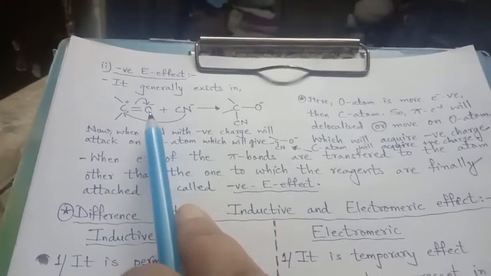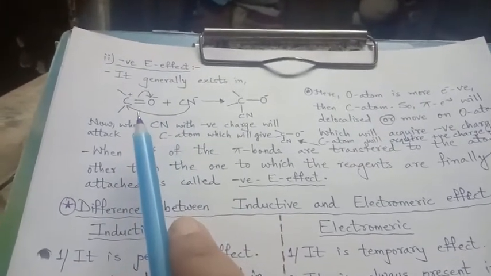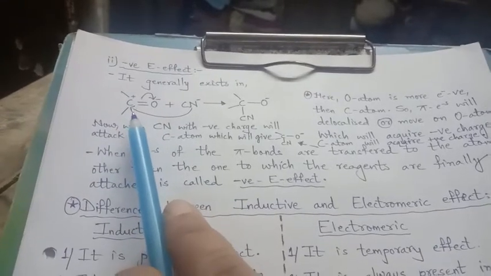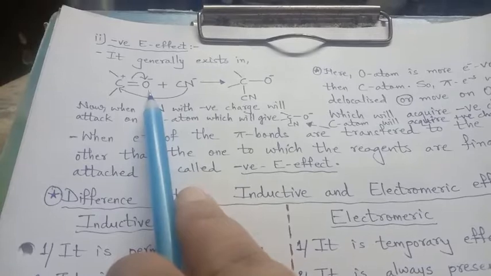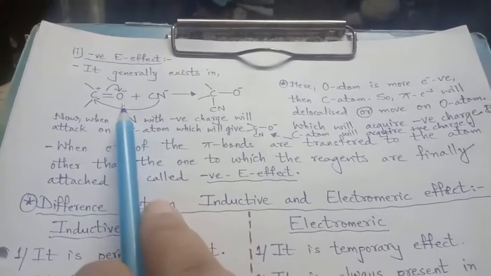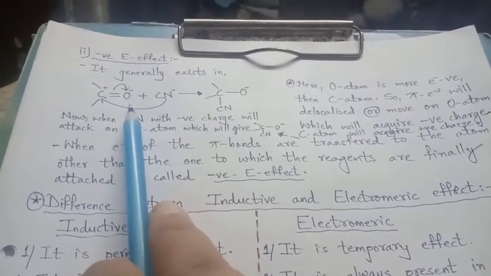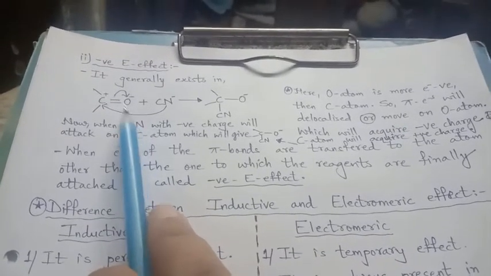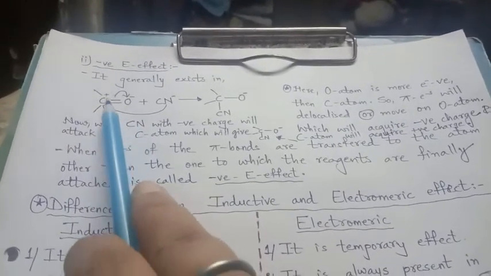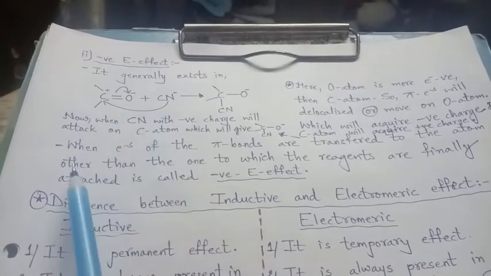So here, what takes place? In comparison of carbon and oxygen, oxygen is more electronegative. So the pi electron cloud will delocalize, or we can say it will move onto the oxygen atom.